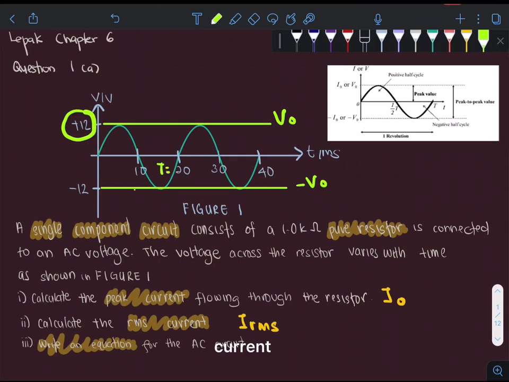So we have period over 2, and this is 2 times the period, 3 over 2 here. So based on the graph, we can deduce a few pieces of information: our V0 is 12 volt, and our period is 20 millisecond.